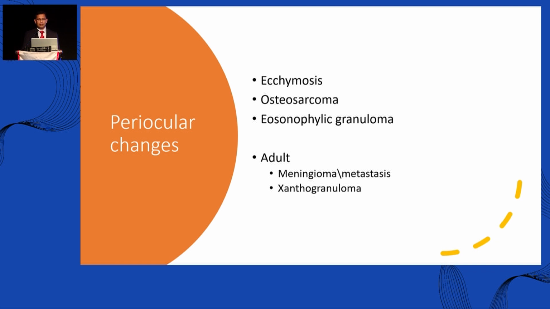Not only the eye, you have to inspect the periocular things, like ecchymosis. Ecchymosis is a very common presentation in malignancies, secondaries in children, especially neuroblastomas and some osteosarcomas, sometimes eosinophilic granulomas as well. And in adults, if you see meningiomas, you will see temporal fullness mostly.